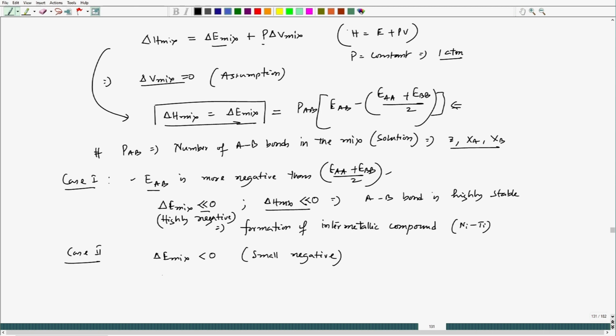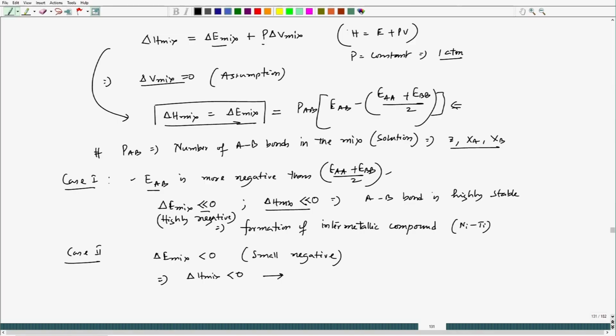In these cases, we can also write del H mix is less than 0, and this yields a situation where the interaction between A and B atoms will be strong, but not strong enough to have a kind of stoichiometry between these two atoms. So, A would always try to find a B atom in its near surroundings, and B also would like to have an A atom in its near surrounding, but they will not form a compound. That particular thing we call ordering.